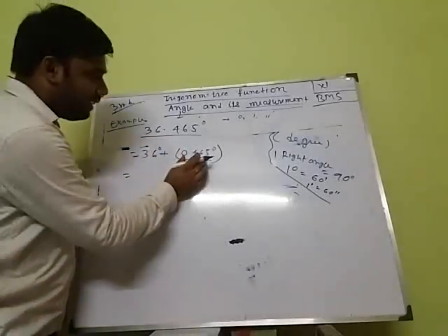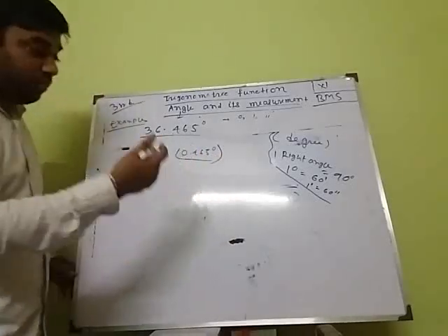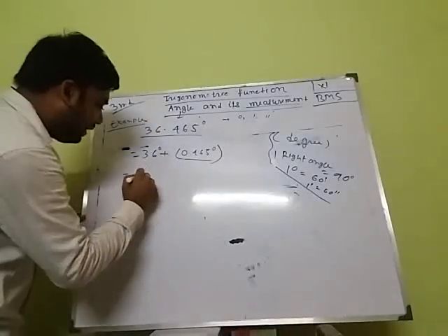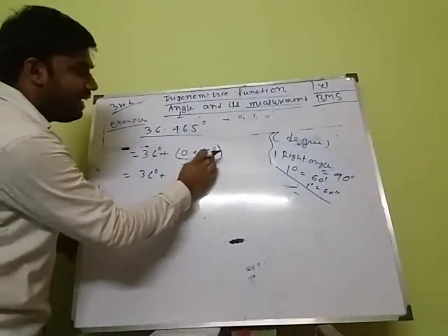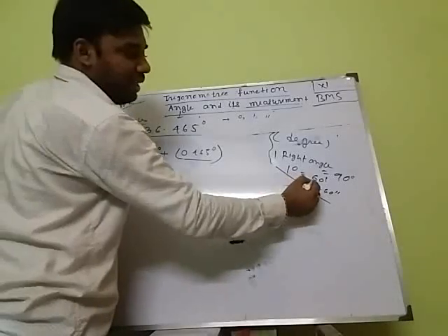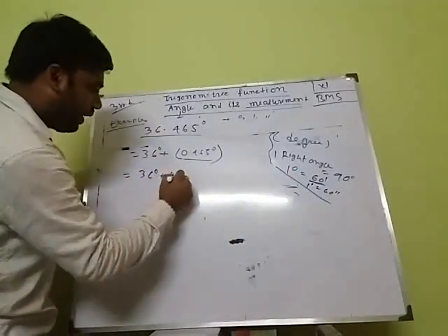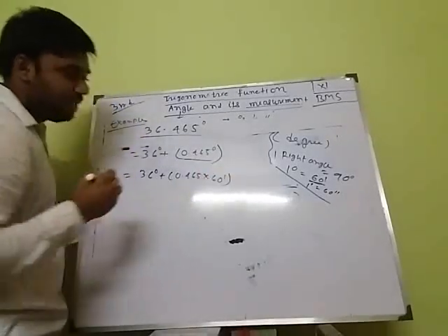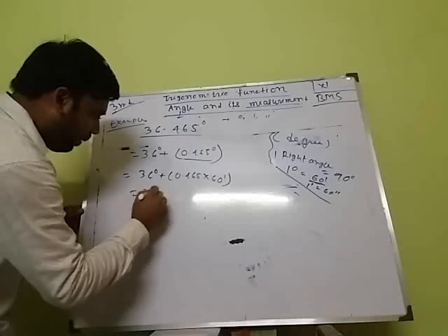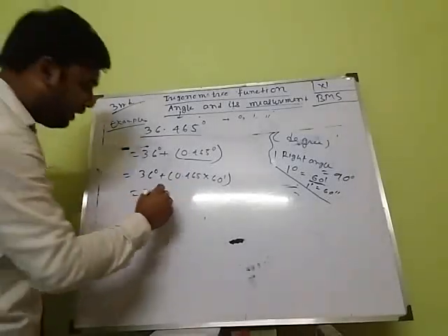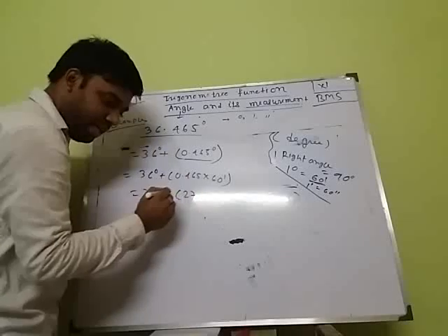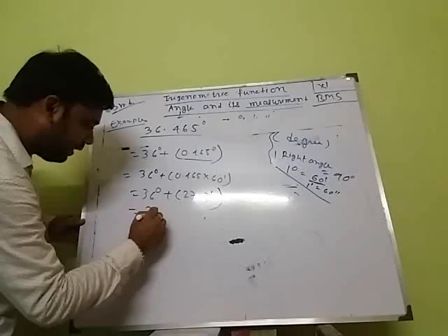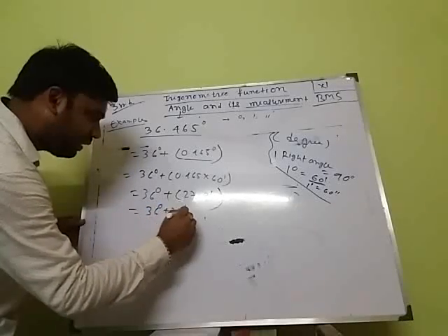So for converting that part we need minutes. So 36 degrees plus, for degree to minute we have to multiply by 60. So 0.465 times 60 changes that degree into the unit minute. Now if we multiply 0.465 by 60, we get 27.9 minutes.